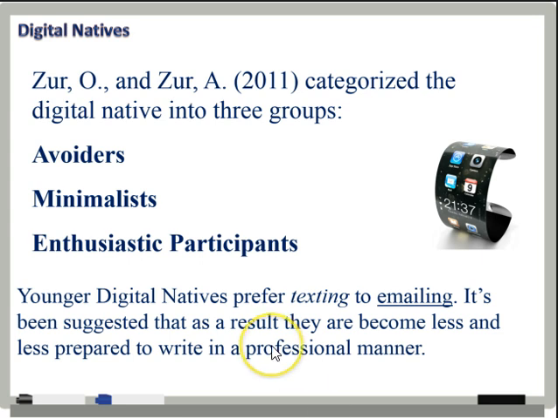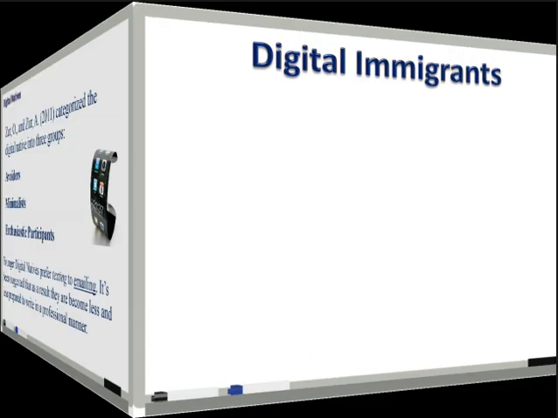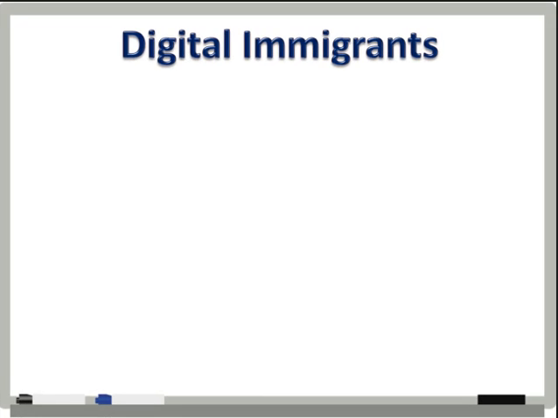I note here in the presentation that some of the younger digital natives do prefer texting to emailing, and some of our digital natives, by and large, prefer emailing to regular snail mailing. It's been suggested that there are some other sociological issues that arise as a result of this type of loss of interaction.